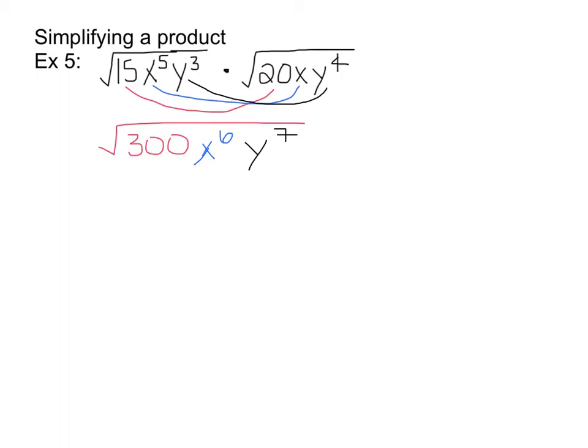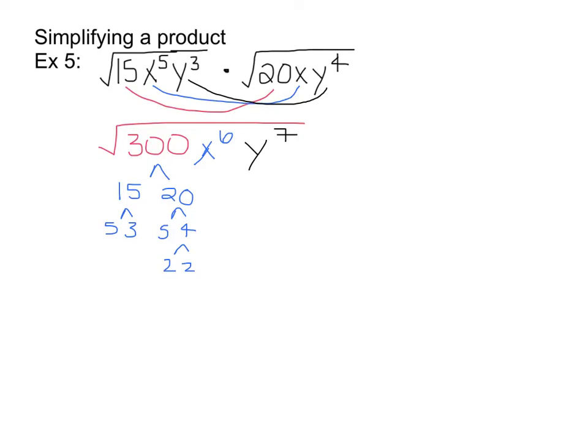All right, now let's break down our 300. So you can write the 15 and the 20 that we just used to multiply them together, or you could use 3 and 100, or 30 and 10. Either way, you're going to get the same answer. Okay, break down the 15 into 5 and 3. Break down the 20 into 5 and 4, and then 2 and 2.